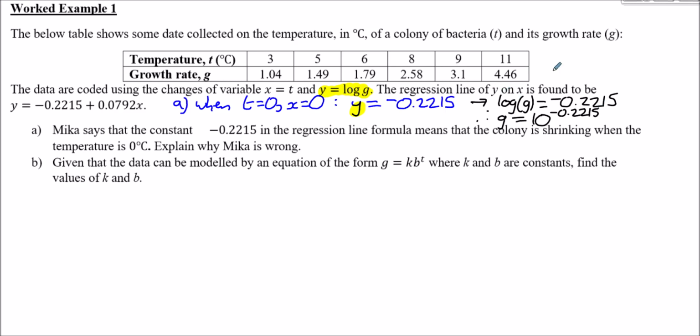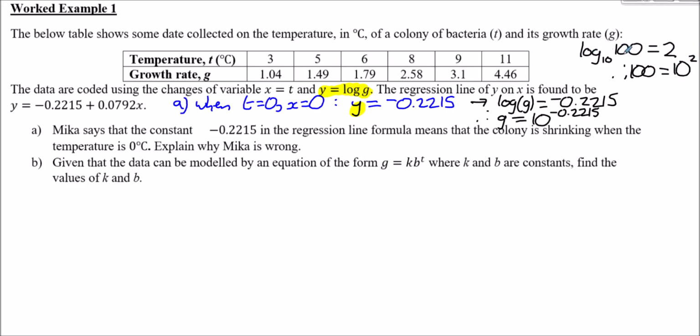I'll remind you of why this is the case. So for example, if we had the log base 10 of 100, that means what power of 10 do we need to raise 10 to get 100? That would be 2. And therefore we can switch this around, so we could say that 100 equals 10 squared, which of course is true.